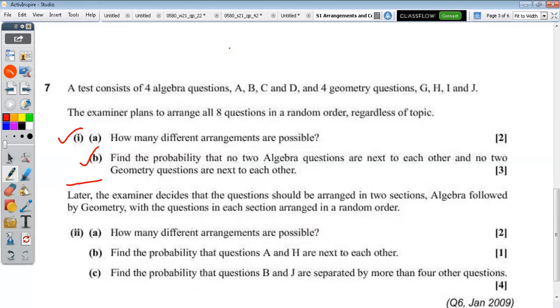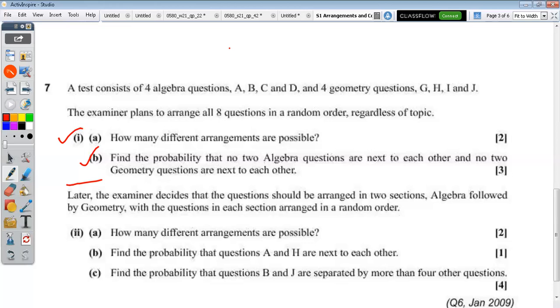So we've basically got 2 different groups. In A, there are 4 algebra questions: A, B, C, and D, and in B we have G, H, I, and J. So now we need to figure out how many different arrangements are possible between the 8 questions.